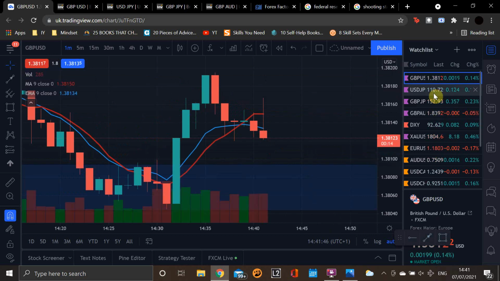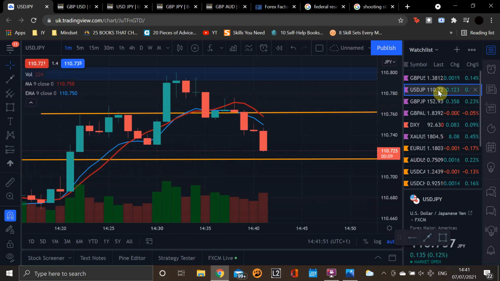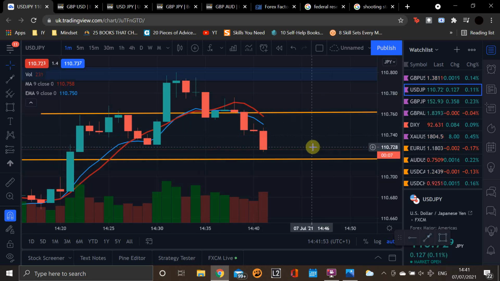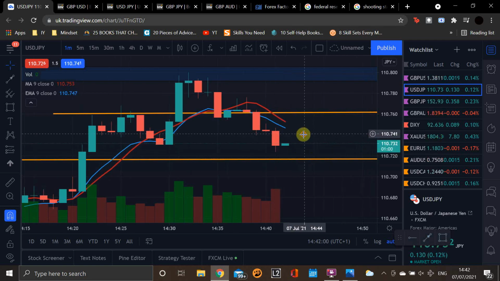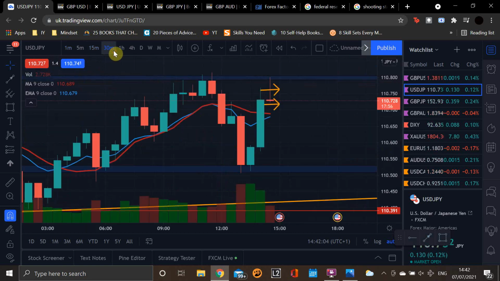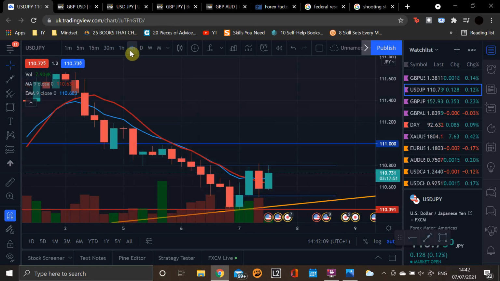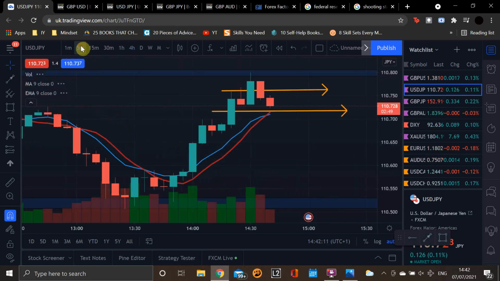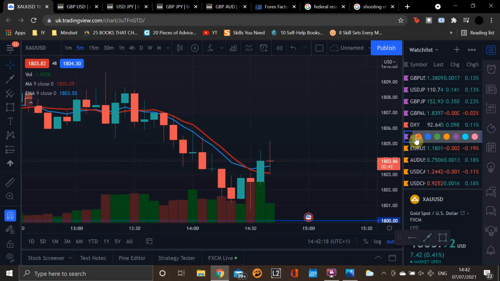So my man's DXY. Gold should have a different color. It should be red.